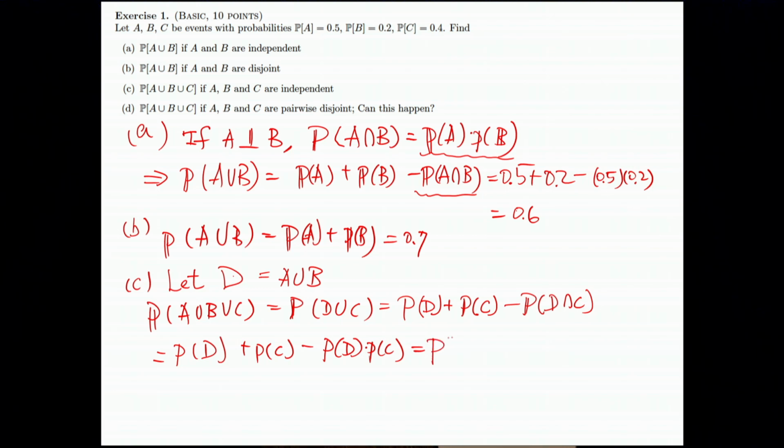D is A union B. Plus the probability of C minus the probability of A union B times the probability of C. Now the answer is 0.76.